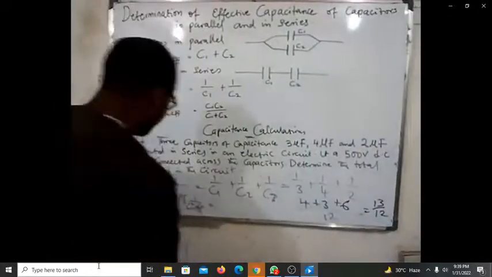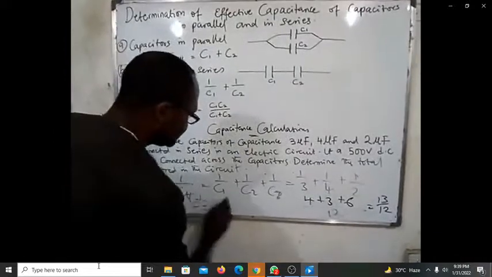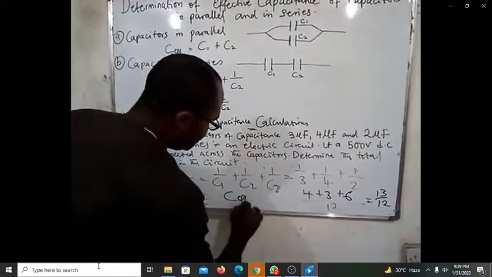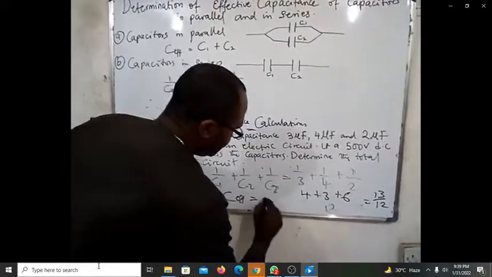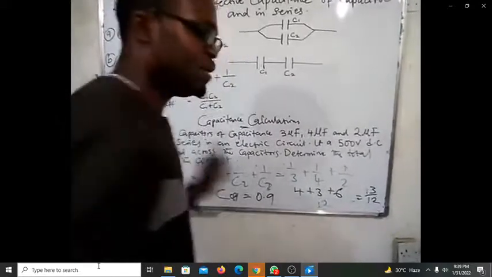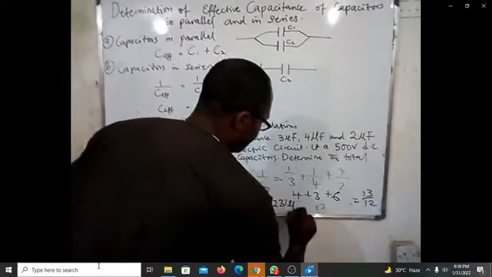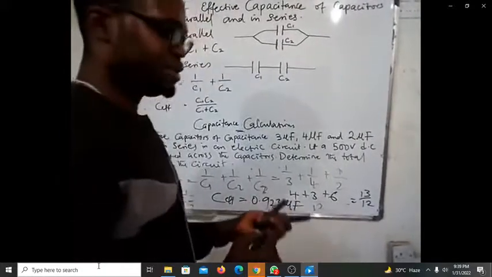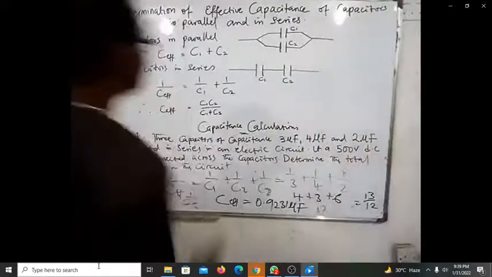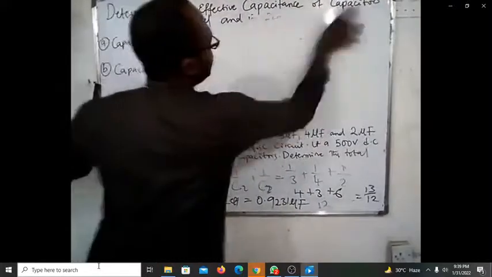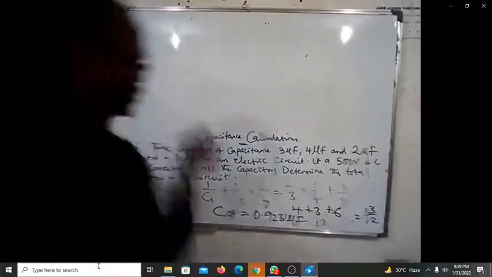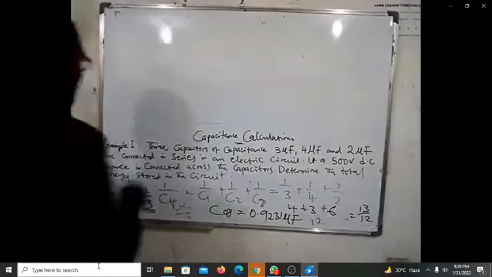So we have effective capacitance C to be equal to 0.9231 microfarad. So that is the effective capacitance. So now we are supposed to find the value of what? To determine the total energy stored.